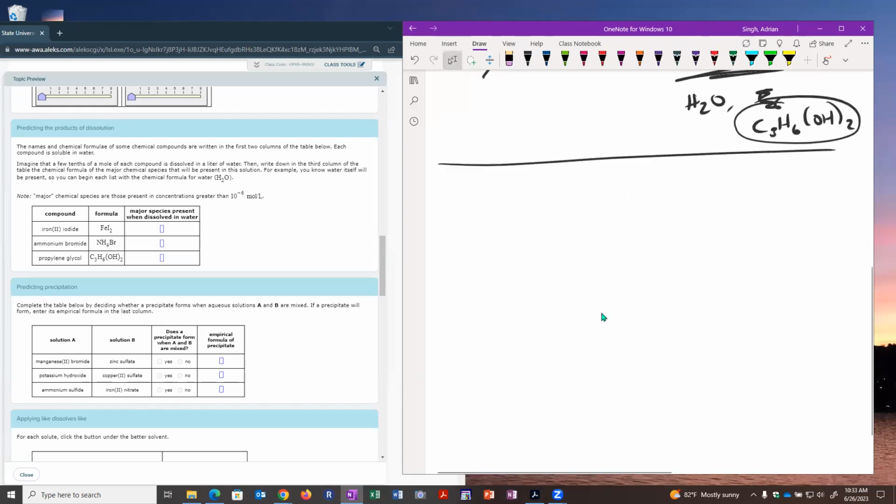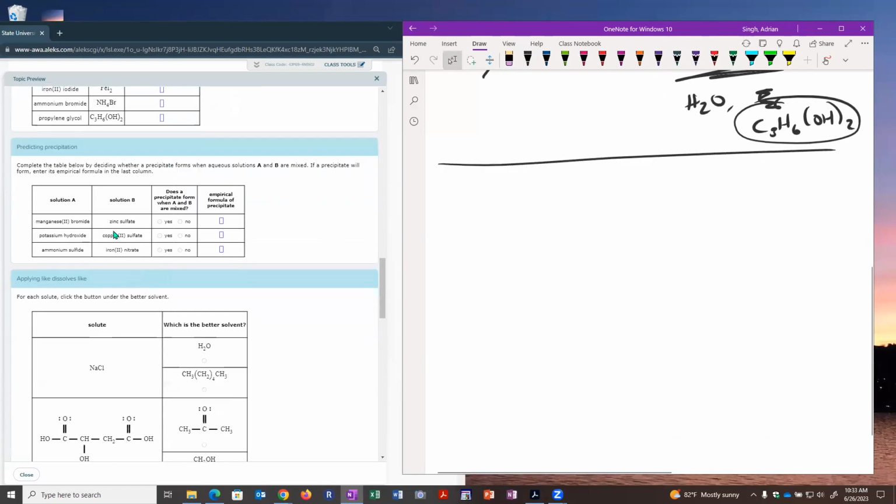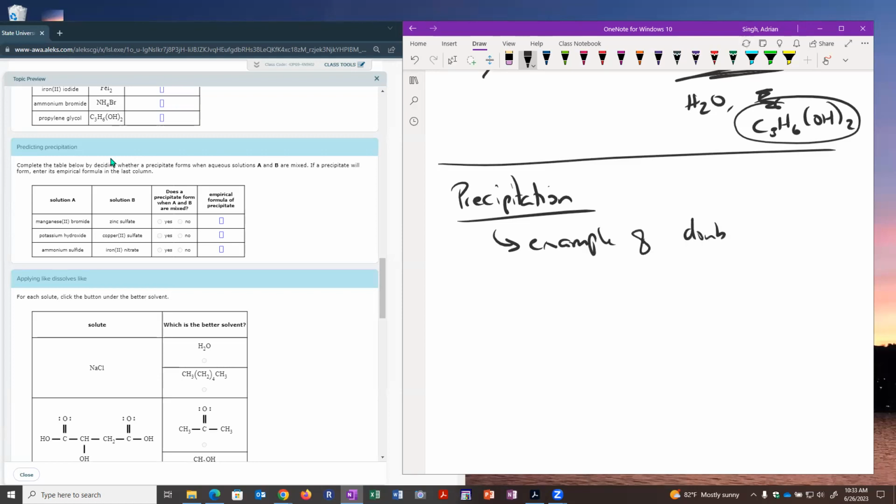So it says predicting precipitation. All right, so precipitation is an example of a double replacement reaction. And this, we saw double replacement back in the earlier chapters. And specifically now, in a precipitation, we form a precipitate.